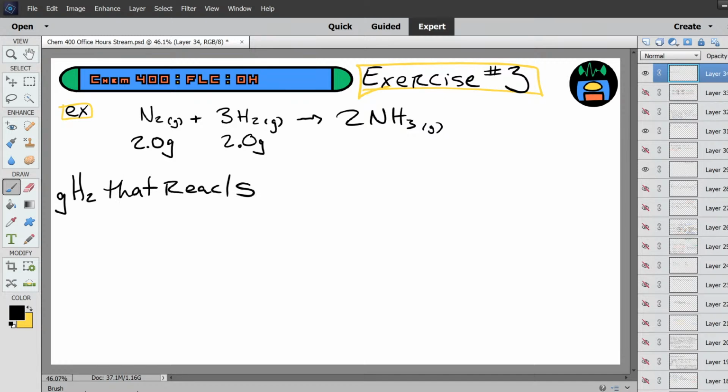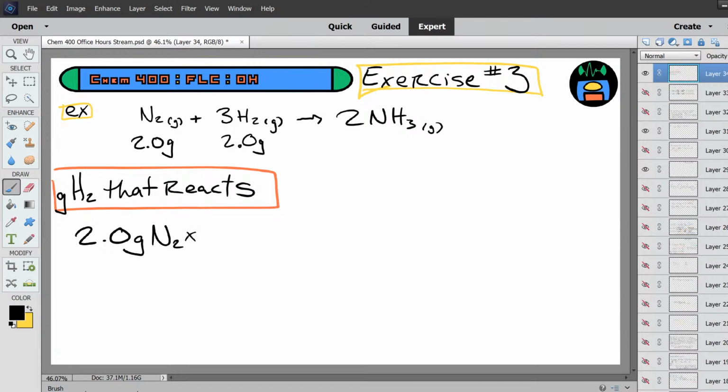To do that, you have to take the mass of your limiting reactant and convert it to grams of excess reactant, because we want to know the amount of hydrogen that will react with this mass of nitrogen.